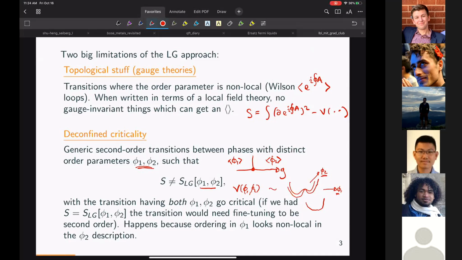Well, I don't know. So one problem is that the number of examples of systems that do this deconfined criticality thing, where these two parameters are non-local, is not, from known examples, that big. But I don't know if the fundamental thing has to do with any kind of description in terms of fractionalization.